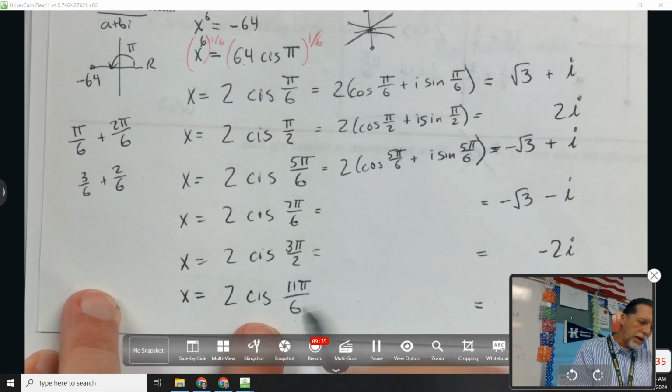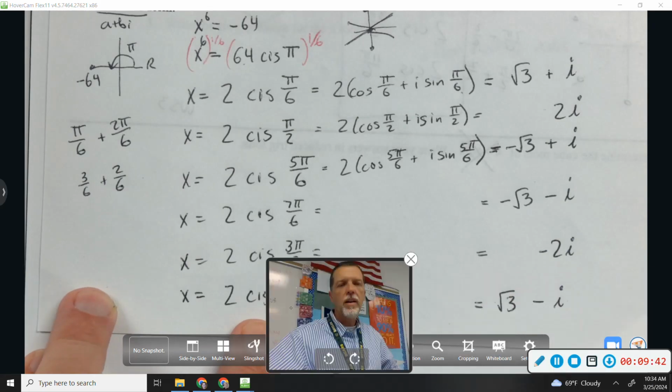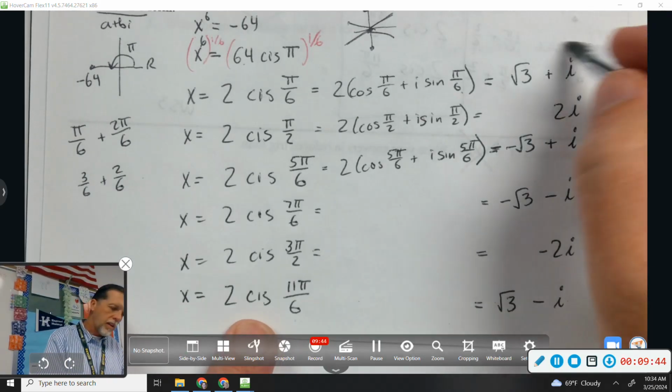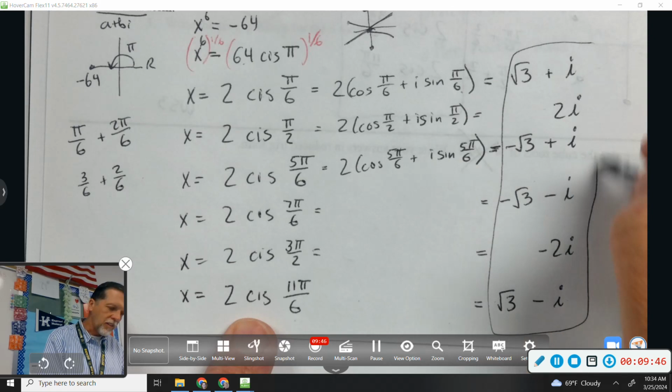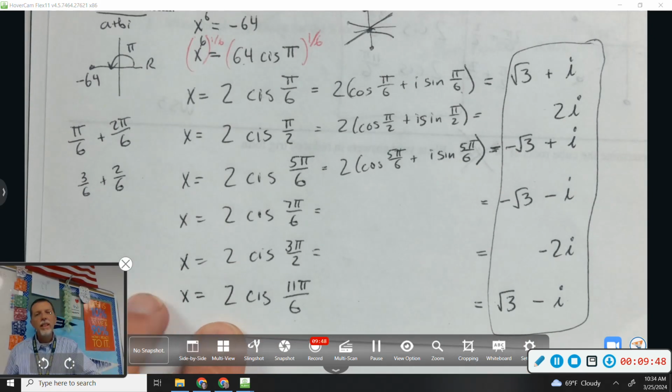And then 11 pi over 6 is positive for the cosine, negative for the sine. So there's my 6 answers. Show the work you need to show, but I realize that some of you are going to be doing a lot of this stuff in your head. Which is okay, it just makes partial credit more difficult, and it makes making mistakes a little more likely. So be cautious.